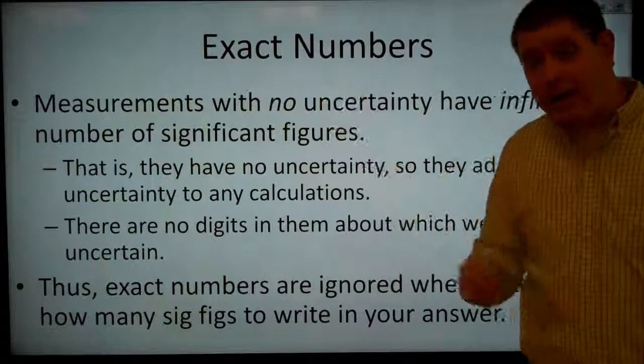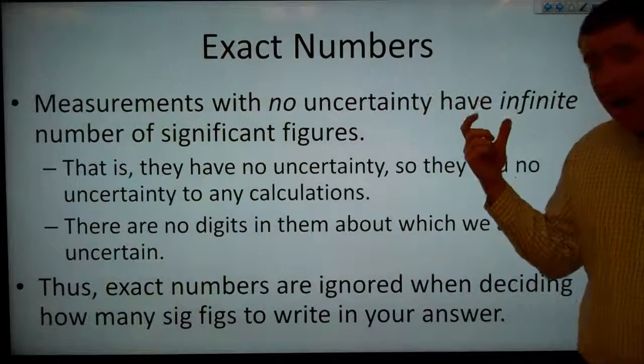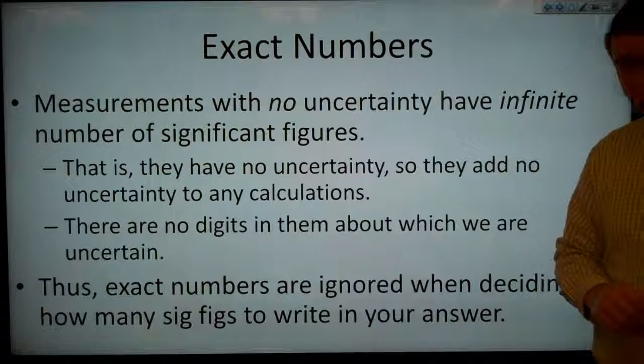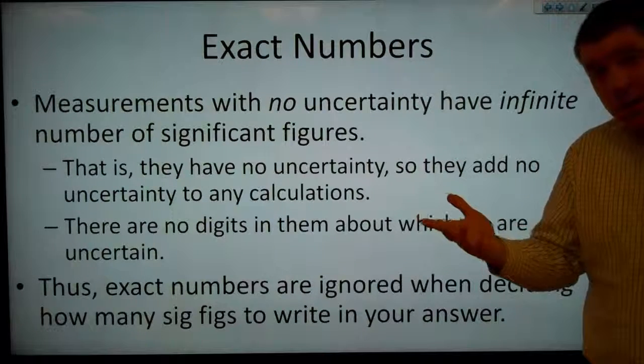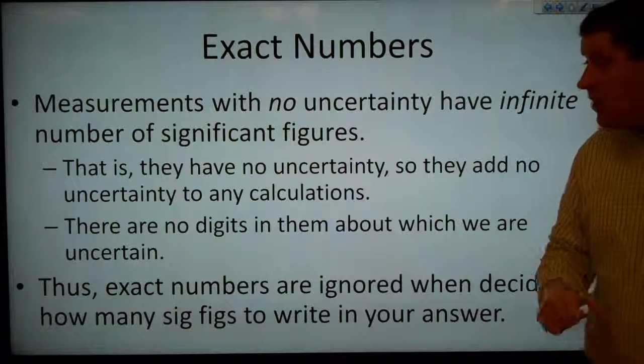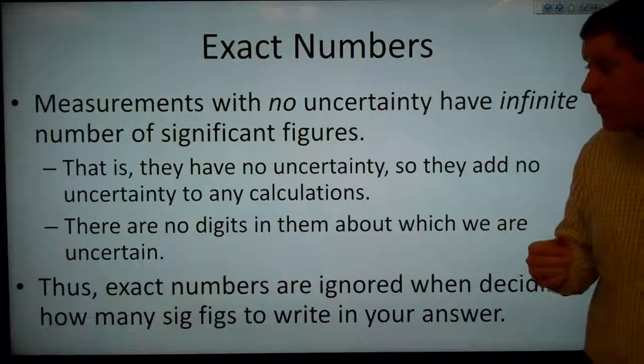Now let's look at exact numbers. Measurements with absolutely no uncertainty have an infinite number of significant figures, because there is no digit in which we're uncertain. If we know that all of the digits are right, then there's no uncertainty there.